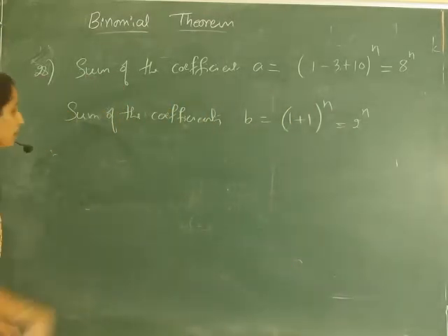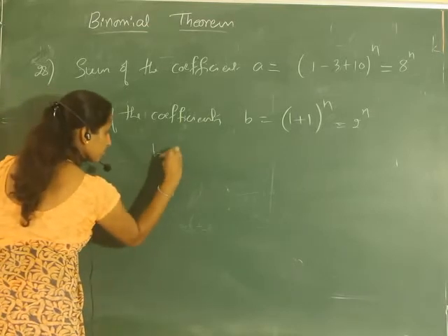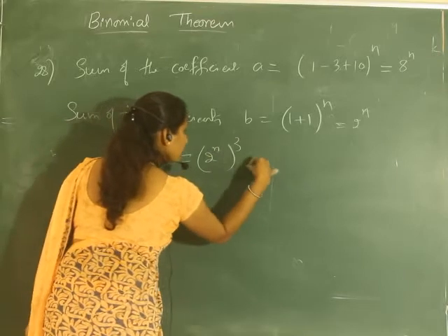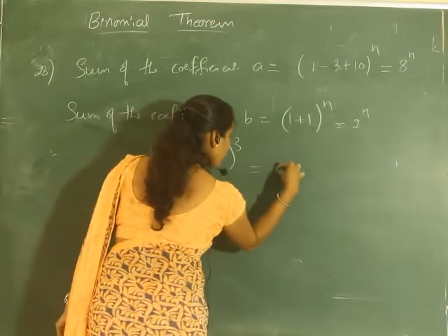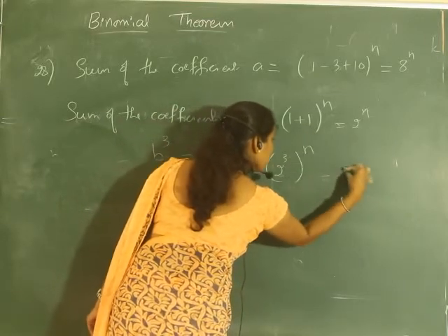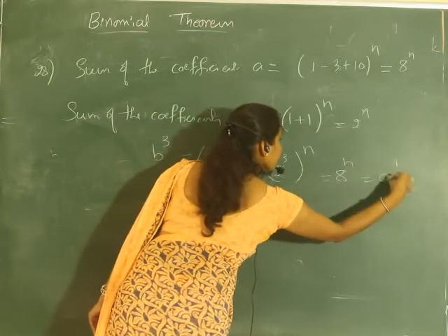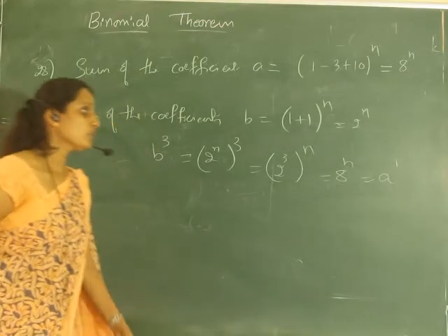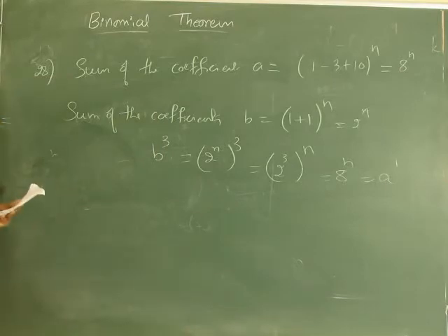When I take B cube, 2 to the power n cube, that will be equal to 2 cube to the power n. So this is equal to 8 power n, that is A. So we can see the relation when I take B cube is 2 to the power n cube, and 2 cube we can write as 8 power n. So that is equal to A. We get the relation as A is equal to B cube. That is in option B. 28th is option B.